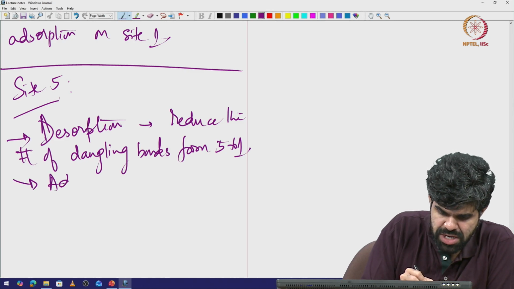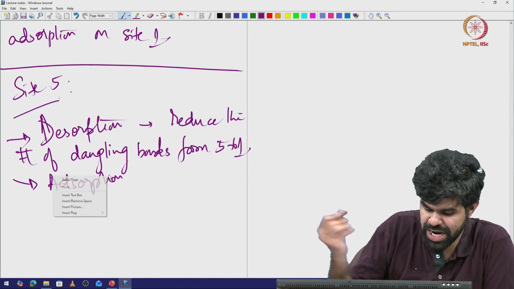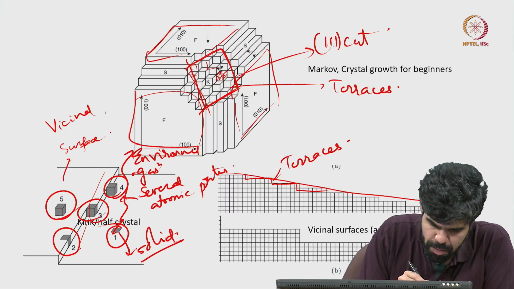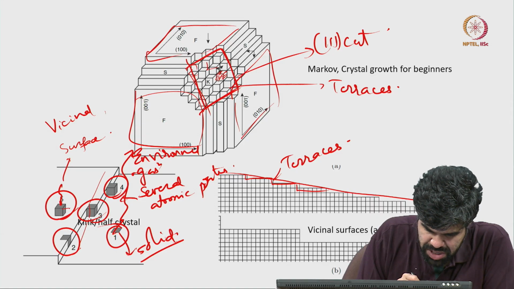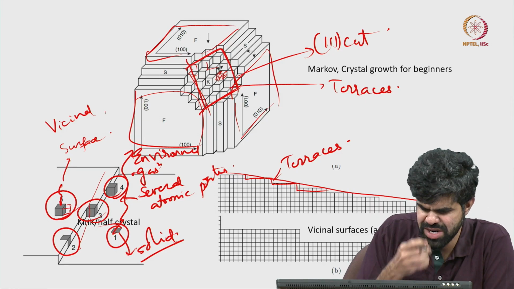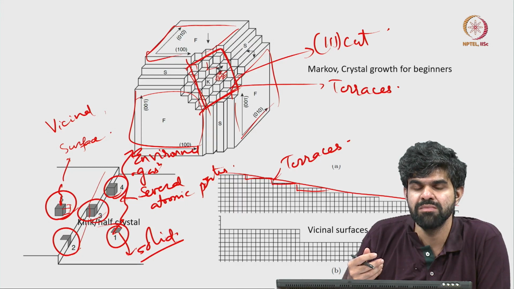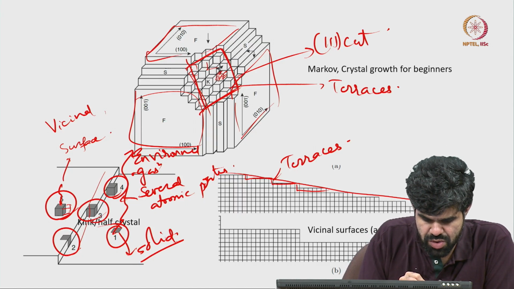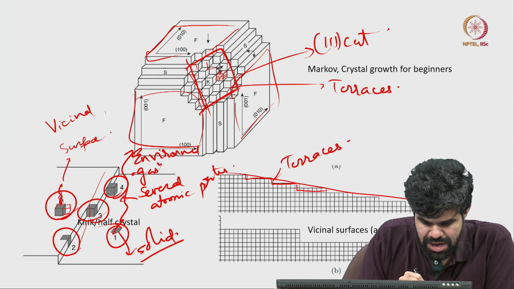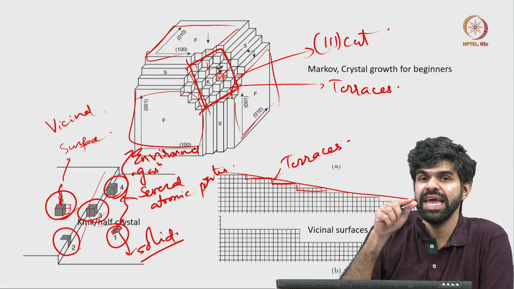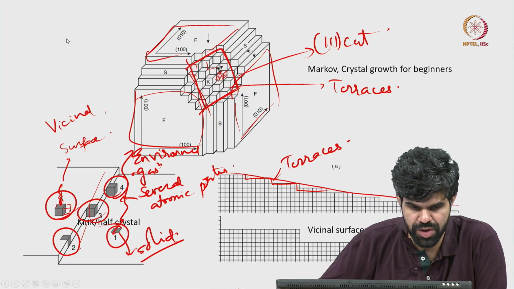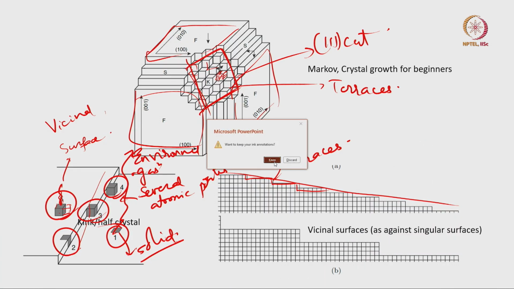Whereas, adsorption, now adsorption means where am I adsorbing, right. I have so many positions here. I can either get adsorbed on the top of this, or I can get adsorbed here, or to this side, whatever. Different adsorption has different number of dangling bonds that it exposes, but let us say I am adsorbing to the top of it. One atom is coming and getting adsorbed on the top of it, then I have 1, 2, 3, 4, 5, 6, 7, 8 dangling bonds, but 8 dangling bonds per 2 sides. So, essentially I am still changing the surface energy. Okay.